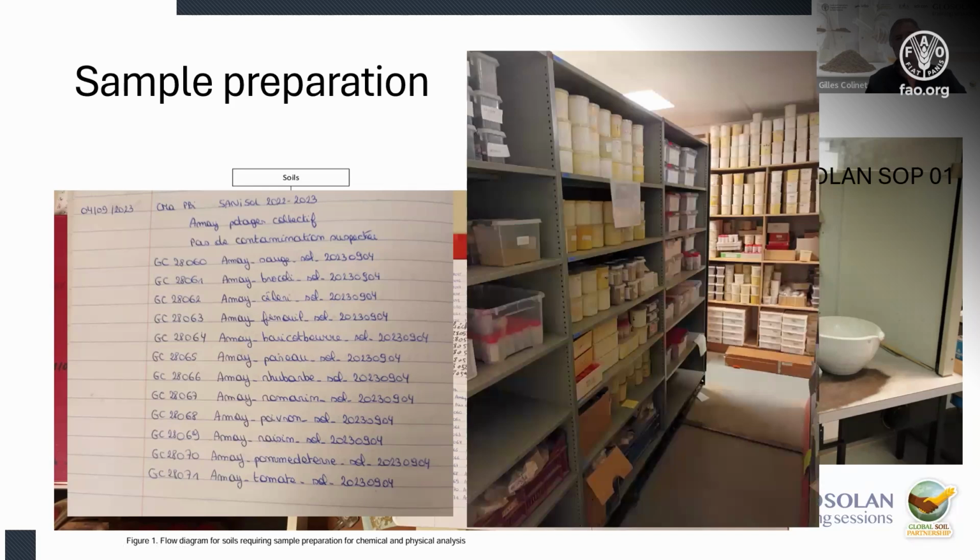And so we also try to keep samples in order to go back to the samples if we need to redo an analysis, or if we have new topics, we can valorize this archive of soil science.